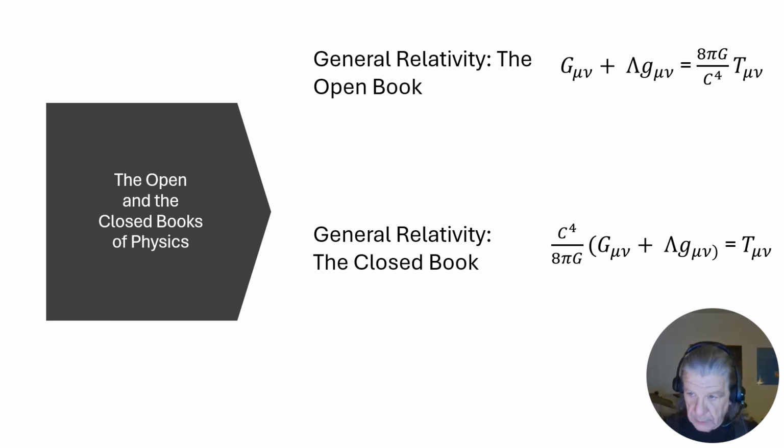Now, I have broken down kappa into its component parts, which is 8 pi G over c to the fourth, to show you that when you multiply this equation by the inverse, by c to the fourth over 8 pi G, to remove that term from the right side of the equation algebraically and move it to the left side of the equation, you get what I say is the closed book of general relativity that I believe the U.S. military developed in the early 1920s.